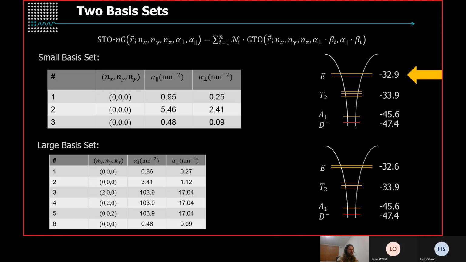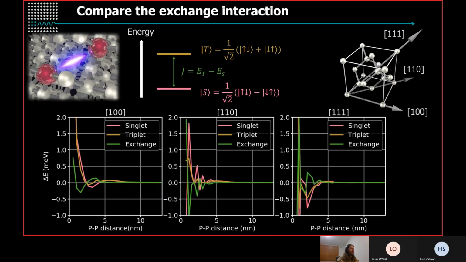So what we really want to use these basis sets for is to compute the exchange. So the splitting between the 2 lowest energy states, which belong to the orbitals of the entangled spin states of the singlet and the triplet. So I plotted the singlet, triplet, and their exchange interaction, the difference between both basis sets here as a function of donor separation along 3 different crystal orientations.